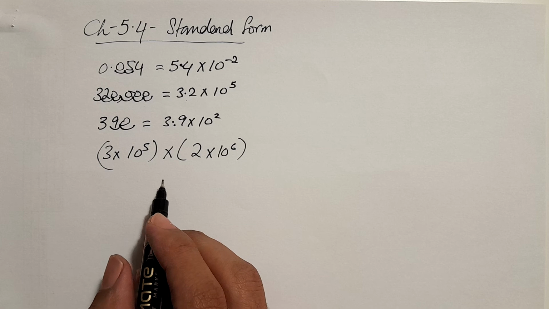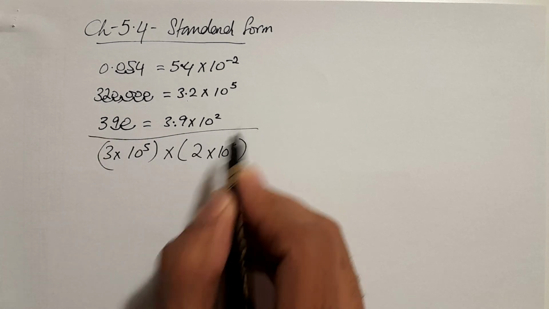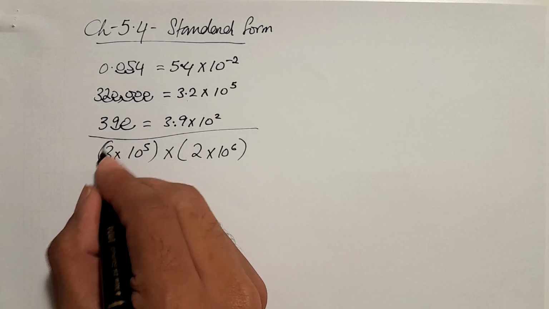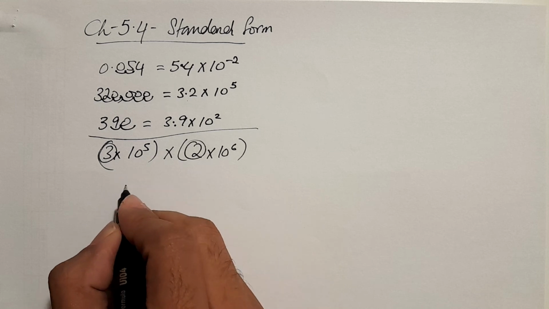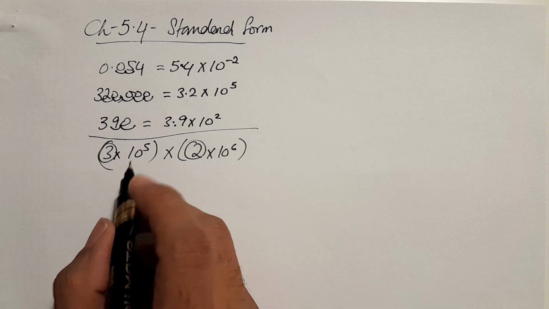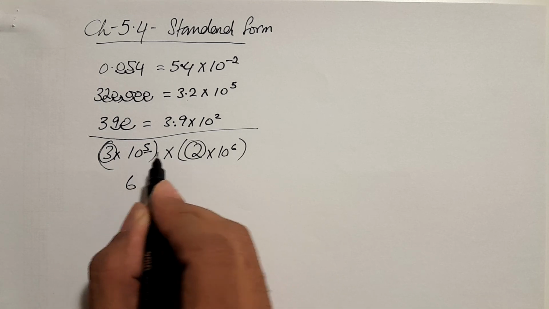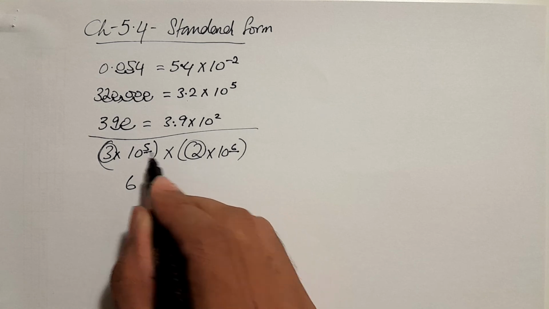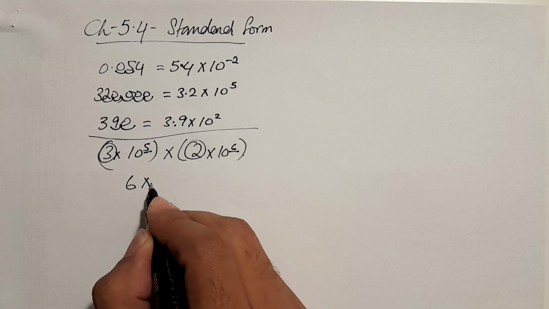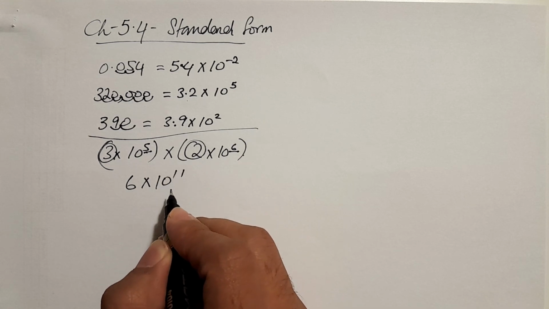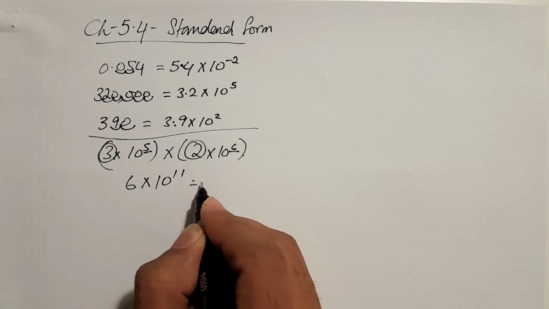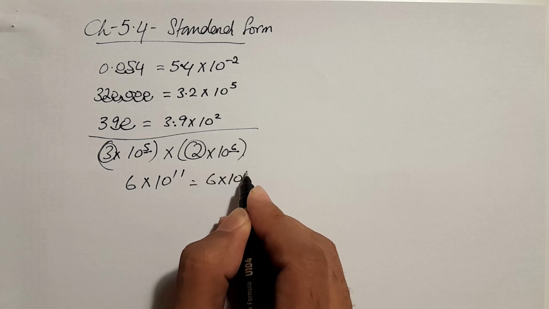So what we will do is multiply 3 and 2, which will be 6, and then we will add the powers of the tens. So 6 plus 5 is 11. So 10 to the power of 11. So the answer will be 6 multiplied by 10 to the power of 11.